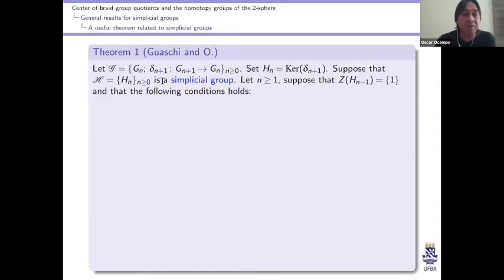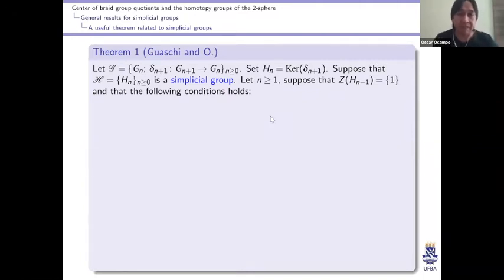And we will suppose that it is a simplicial group. That means there exist face maps and degeneracy maps in such a way that calligraphic H is a simplicial group. So the simplicial group is not the G_n, but a collection of subgroups of G_n.